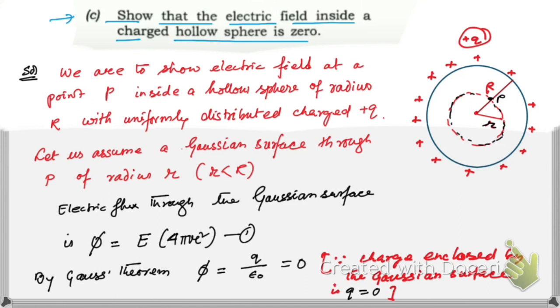That is why here we have got phi is equal to 0. So hope you have understood this.